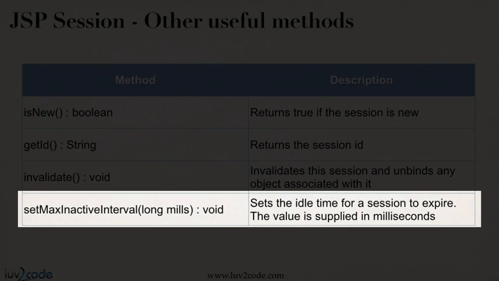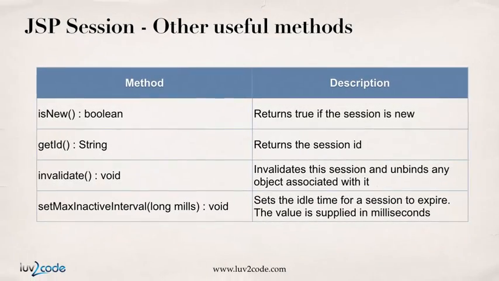Like if you're doing online banking, most banks are very aggressive and they say only 5 minutes. So you can simply call setMaxInactiveInterval and you pass in the value. The one thing to be aware of here is that this method takes the value in seconds, so you have to give the appropriate number of seconds there for your inactive interval. And that's it.